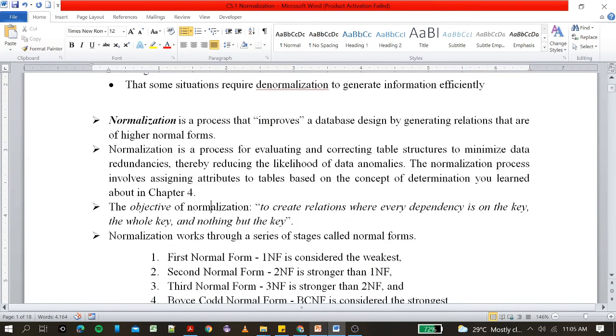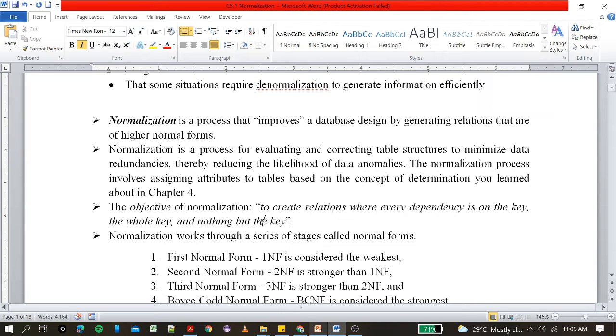The objective of normalization is to create relations where every dependency is on the key, the whole key, and nothing but the key. So, ang pinaka-objective, dapat pagdating ng last process ng normalization natin, kailangan lahat ng attributes natin dun sa ating mga table ay nakadepende lamang sa isang primary key, ano?